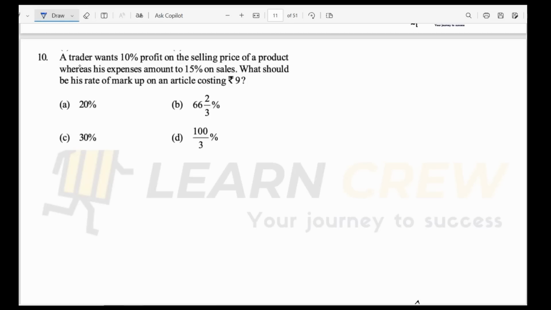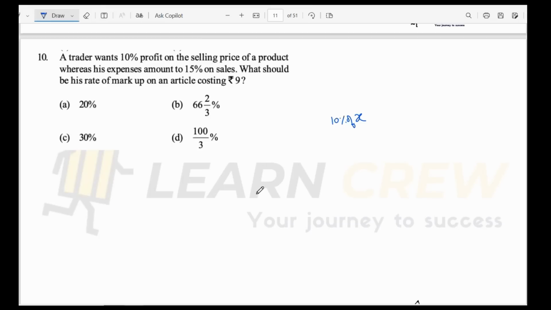So a trader wants 10% profit on selling price. If the selling price is some X, then the profit is 10% of X, and 15% of X would be his expenses.